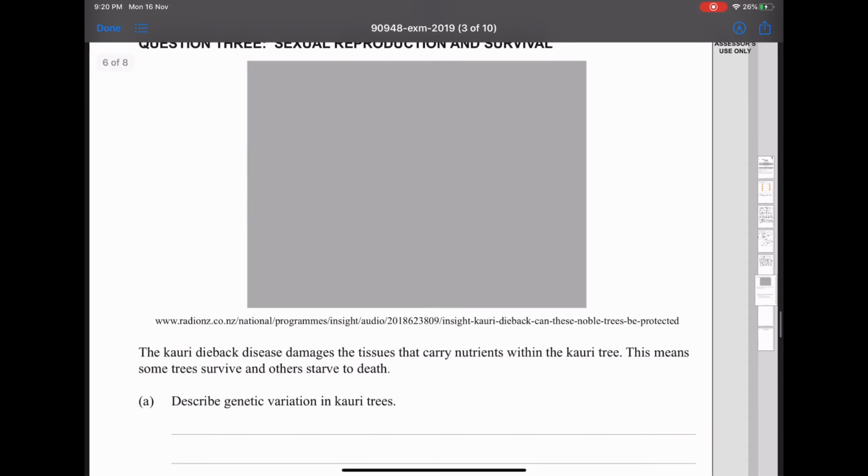So there's a disease damaging nutrients and tissues within a tree. This means some trees survive and others starve to death. Describe the genetic variation in trees. So the genetic variation is pretty much just the differences in the DNA and genes of each tree.